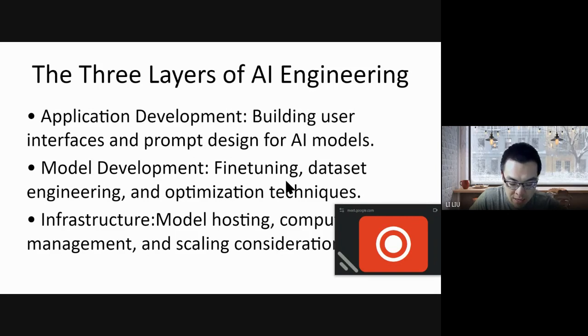But some companies or organizations might also host open source or proprietary models by themselves. And then there are also lots of topics regarding the infrastructure around hosting the open source model and making it fast at inference.